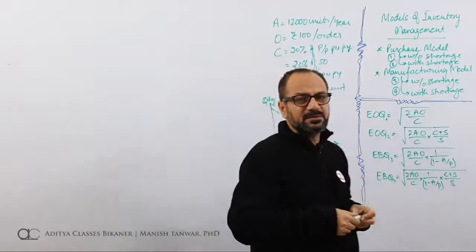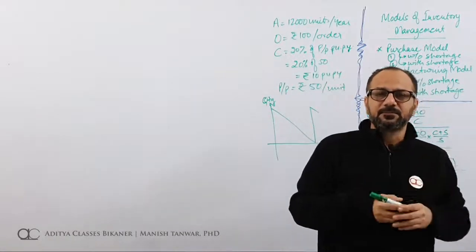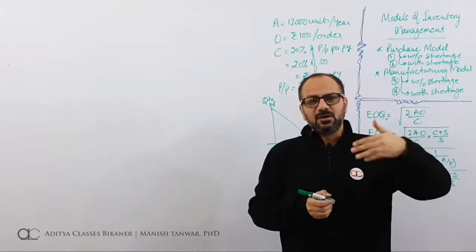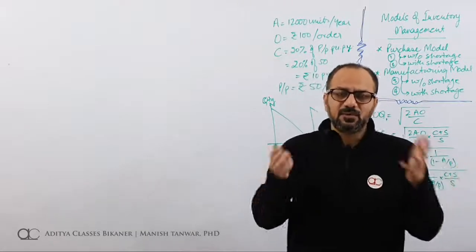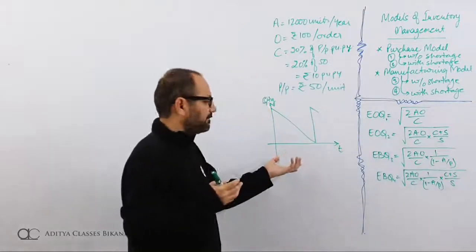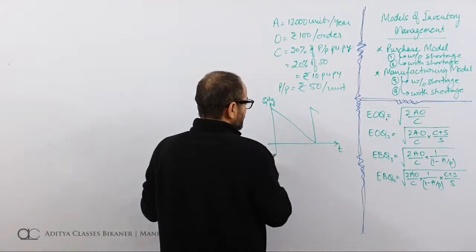If you remember the previous lecture, we had so many parameters: T, T1, T2, T3, T4, then Q, Q1, Q2, EBQ, EOQ. What are the relevant parameters for this model?